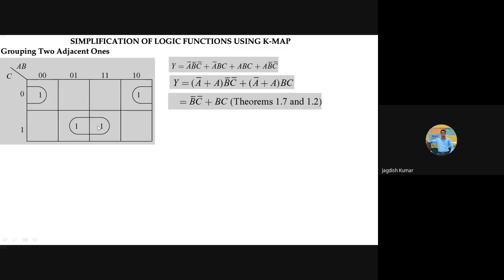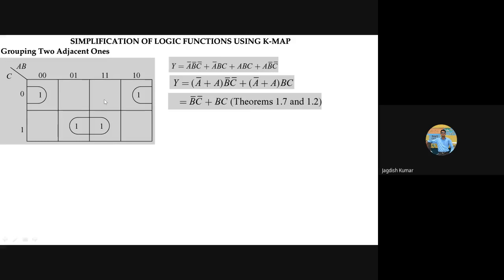Means keeping A doesn't make sense. Even if we keep it, that won't do anything new. So what will this pair give us? This one was giving us A complement BC, and this term was giving us ABC, right? So now we can get rid of that. A and A complement are both removed, because whether it is A or A complement is immaterial with respect to this pair.